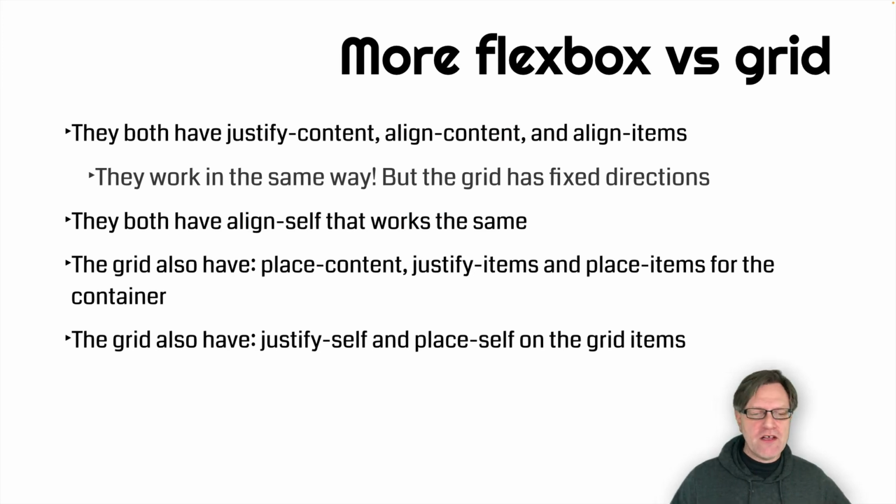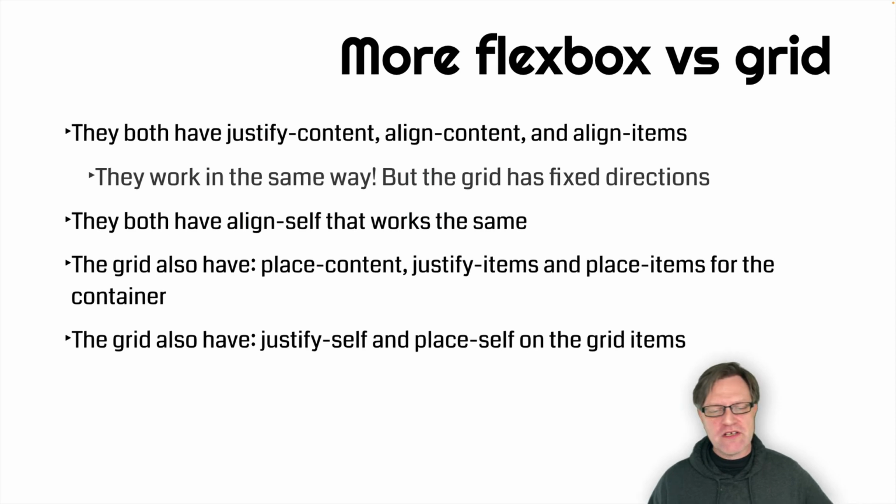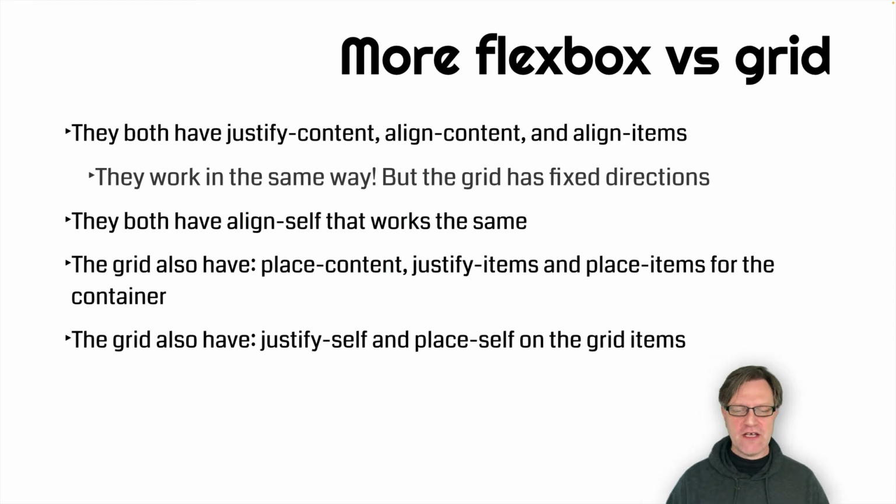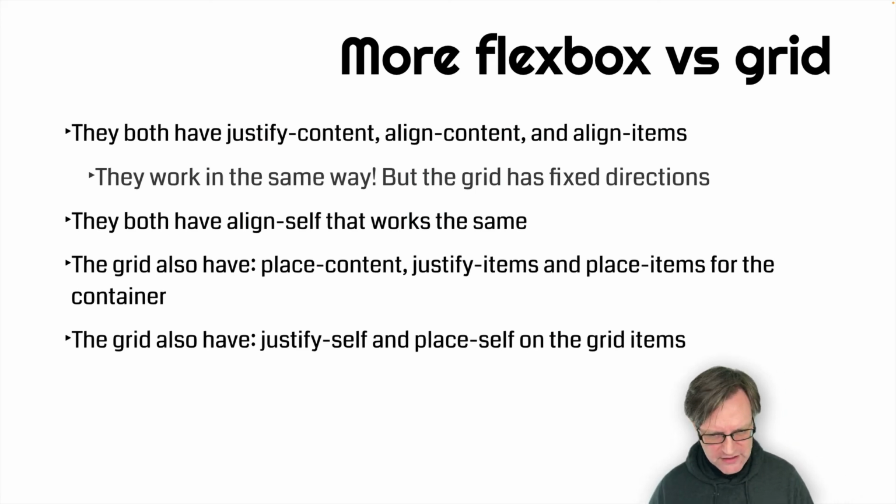They also have their align self, but then we have some more for the grid. The grid also has place content, and we have justify items and place items for the container, and then also justify self and place self for the grid items. And the place is actually a compound format where you can use both justify and align in one go.